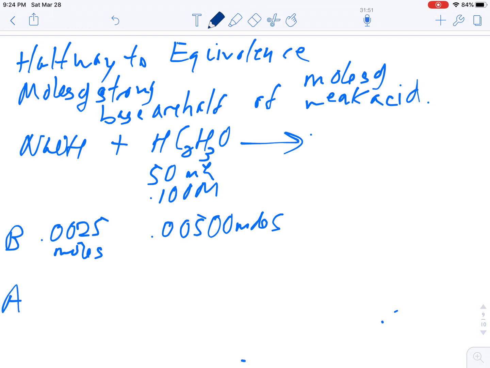I'm not even going to put the volume up here because I don't want you to confuse the two. What you really want to remember is that halfway to the equivalence point, the moles of strong base are half the moles of the weak acid.